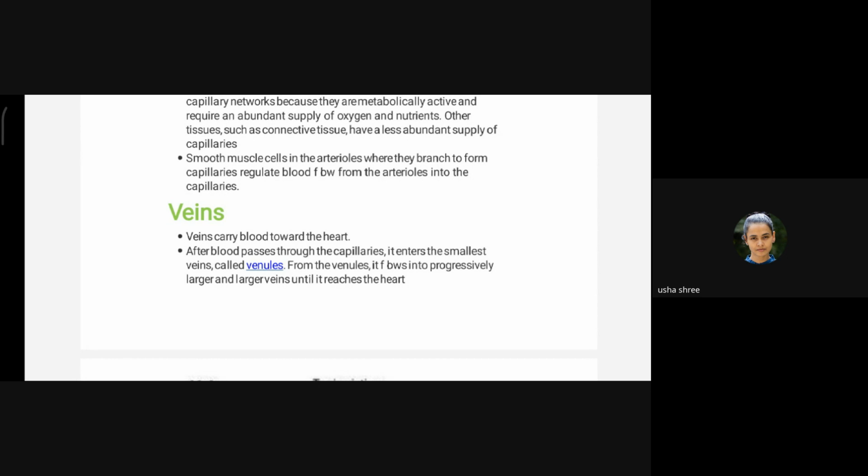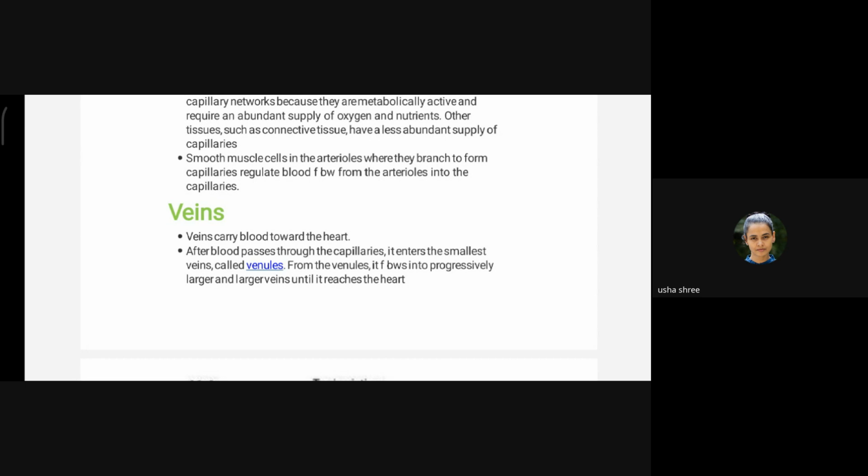Now, veins. Veins carry blood toward the heart. The blood vessels carrying blood toward the heart are known as veins. That is why the pulmonary vein contains oxygenated, oxygen-rich blood from the lungs to the heart.